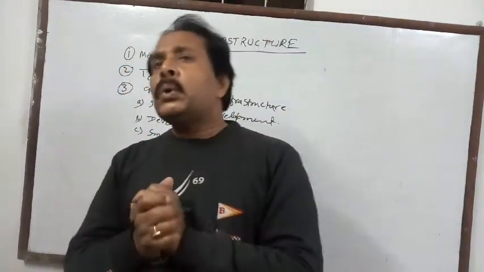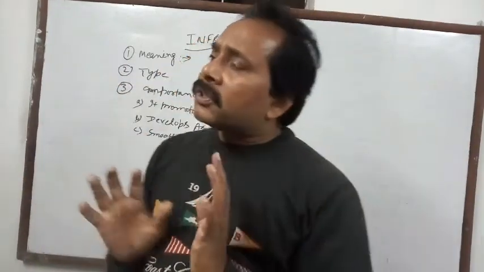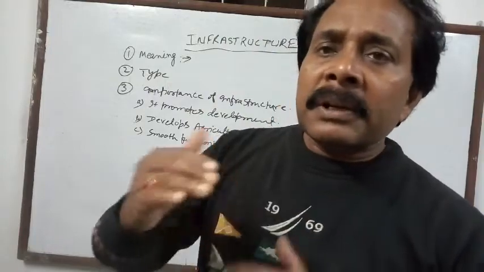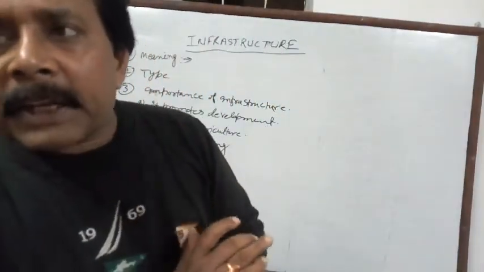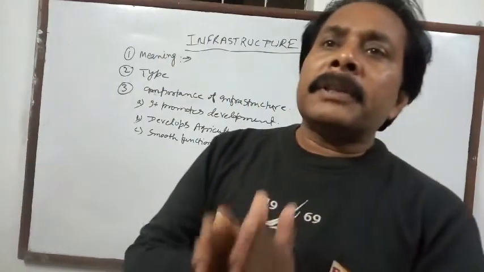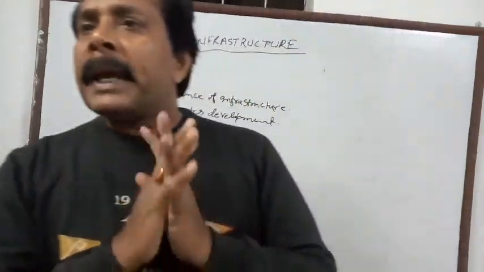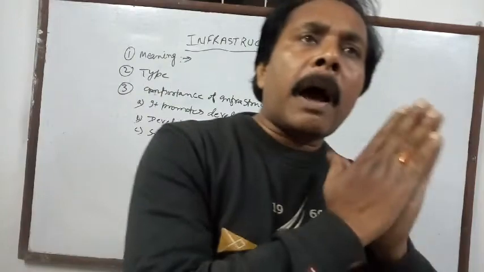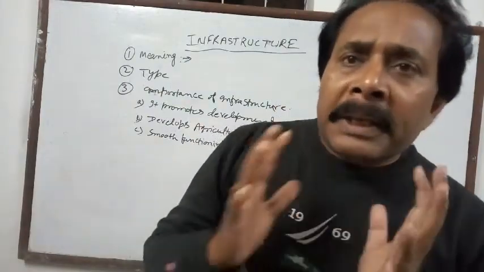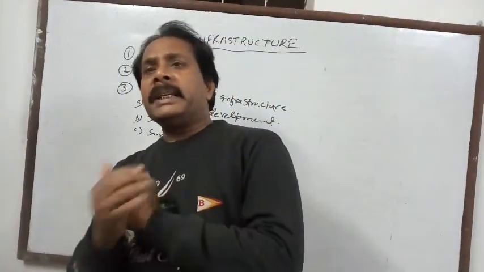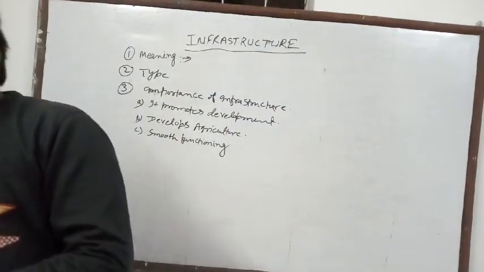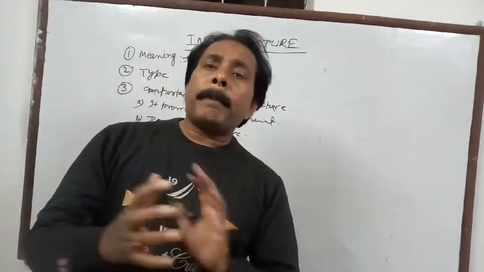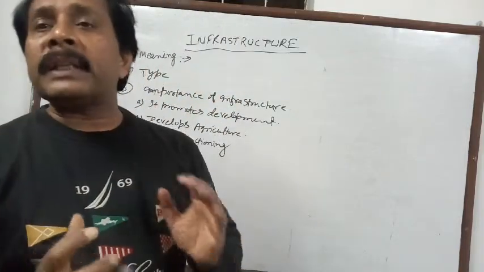Without the use of energy, the industrial sector can't develop. And in the service sector, infrastructural development helps with modern upgraded means of transport, communications, banking, and insurance, which are part of the service sector.